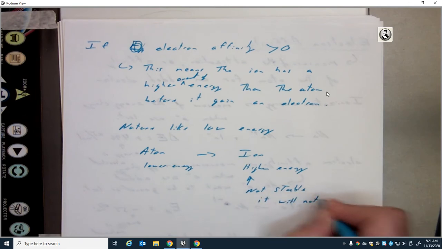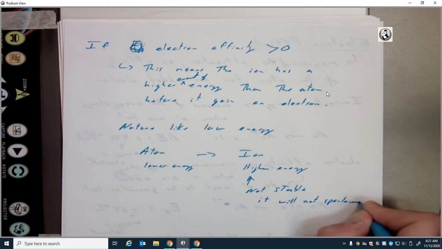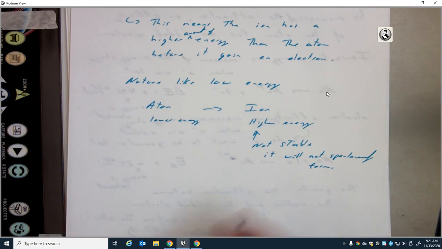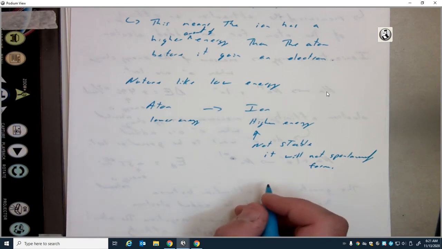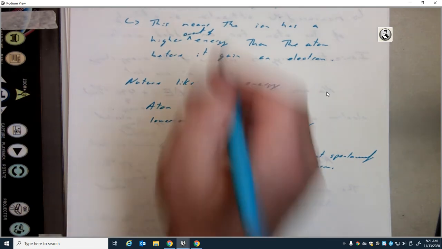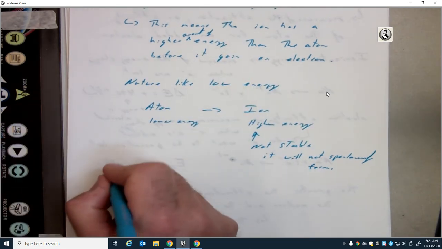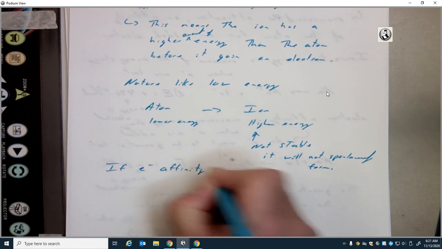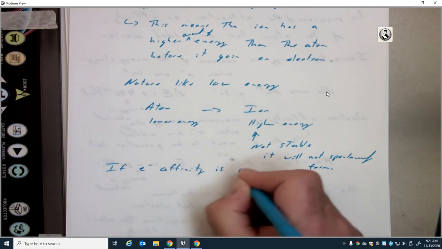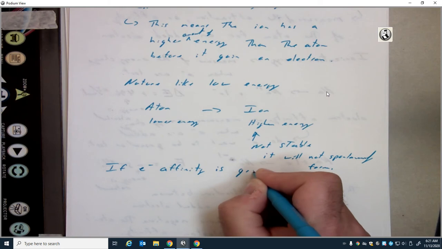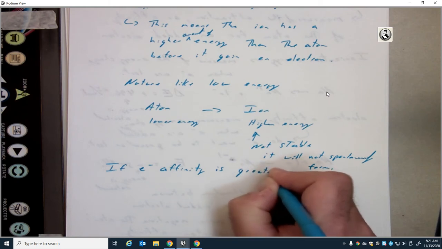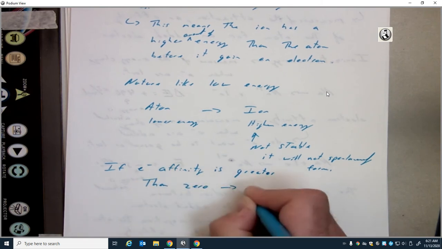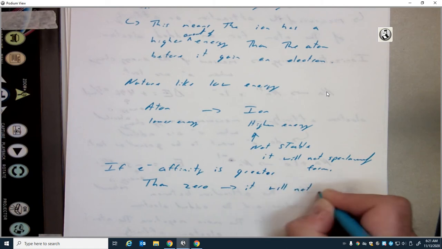It will not spontaneously form. In other words, if that electron affinity is greater than 0, it will not gain electrons.